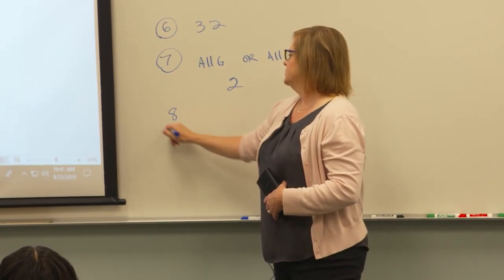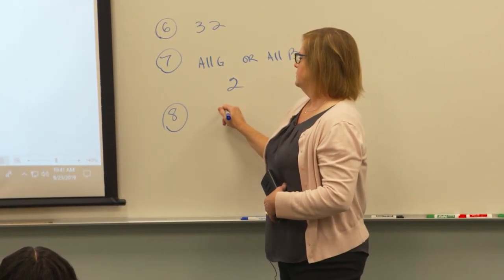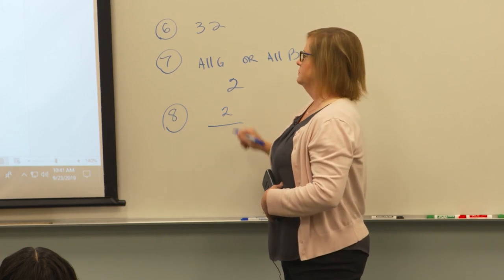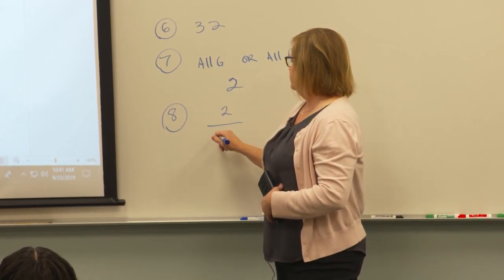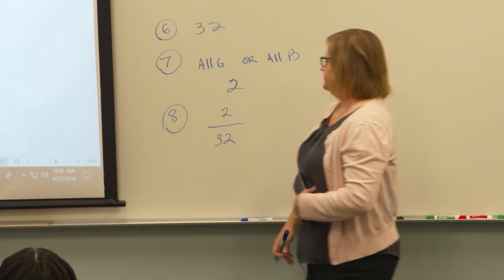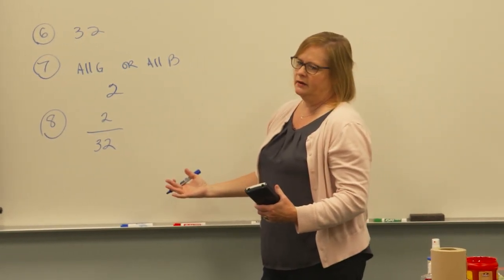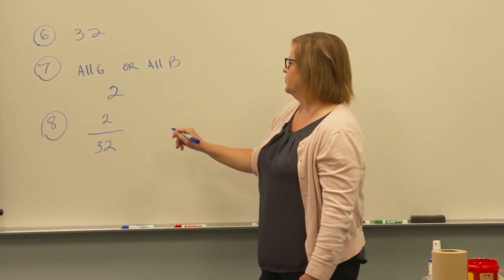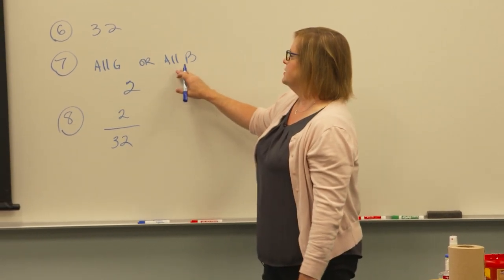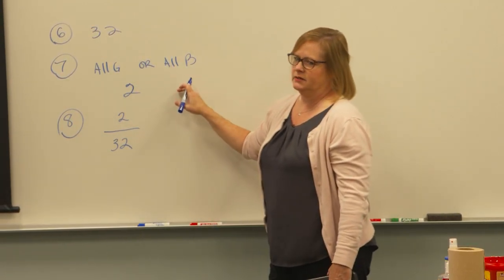All boys. 2 out of 32. Yep. So that would work like that. I counted them up. That also would have worked if I had just done, I mean, these are mutually exclusive events, right?